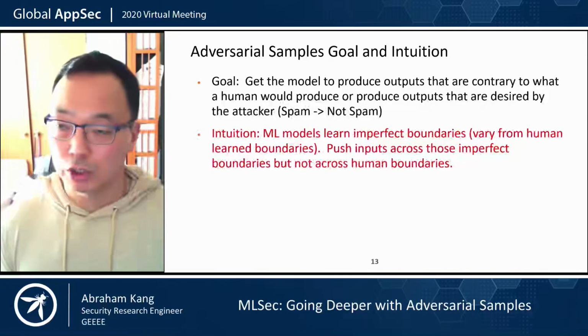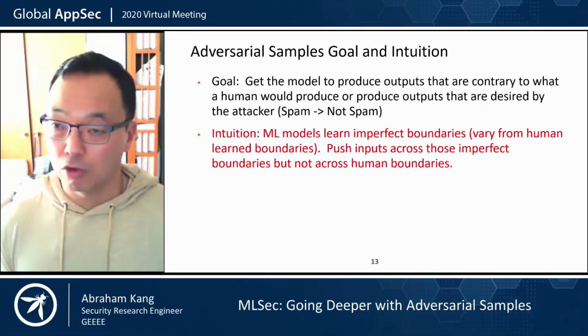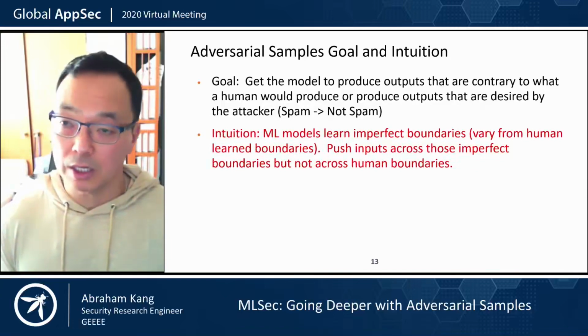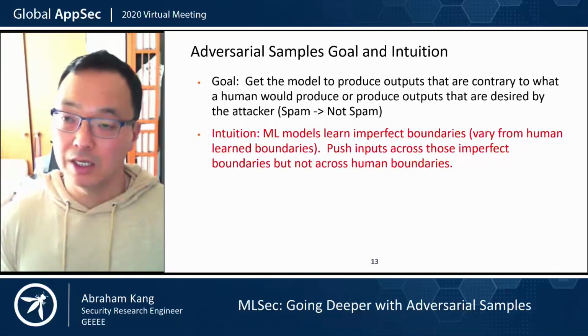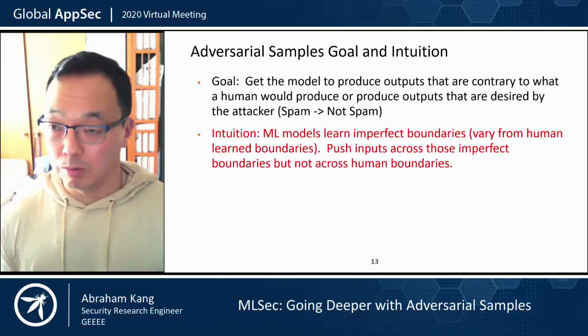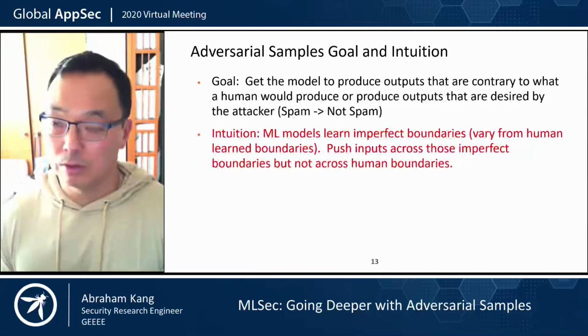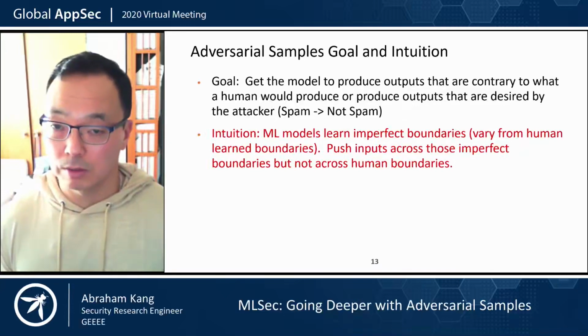So we want to push the inputs across the imperfectly learned machine learning boundaries between classes, but not across the human boundaries, and then get a result where the picture looks the same to a human, but when it's fed through the model, it's going to return a radically different result than what's expected.